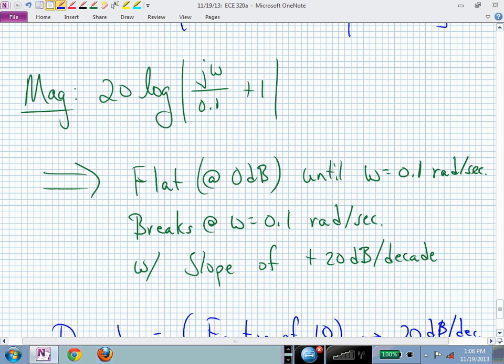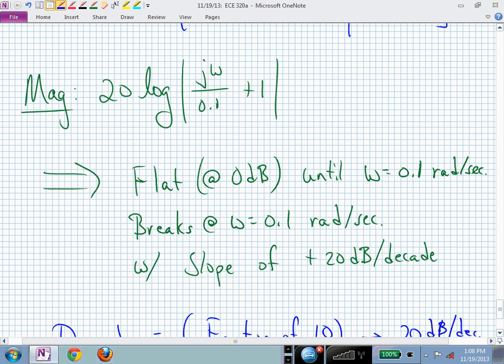So you go from 0.1 to 0.2, what's that interval or factor? 2, that's an octave. From 0.2 to 0.4, factor 2, another octave. So we have 2 octaves between where we started. We started at 0 dB, we go up 2 octaves, and how far are we going per octave? 6.